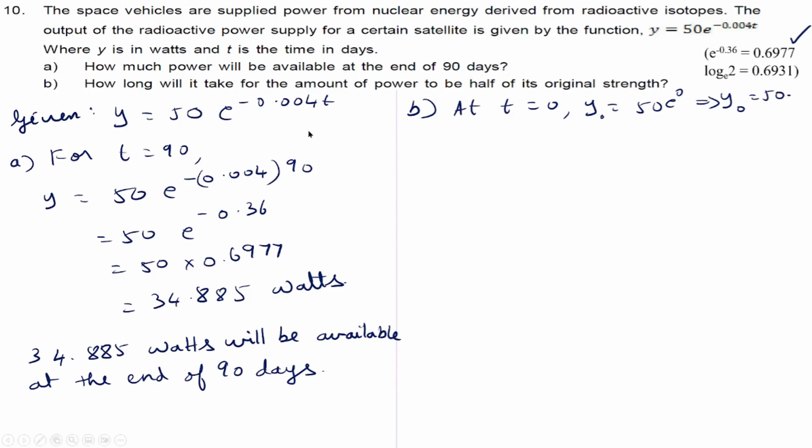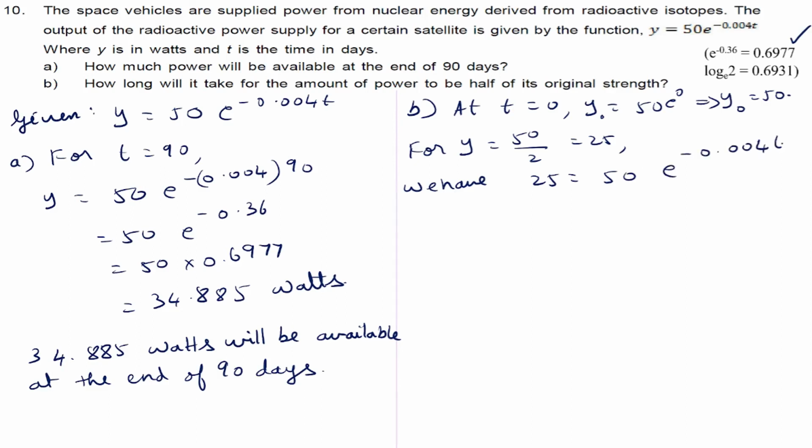Now we need to find the time taken for the power to become half of its original strength, that is half of 50. For y equal to 50 by 2, which is 25, we have 25 is equal to 50 e^(-0.004t).